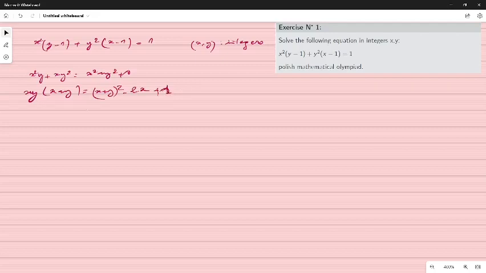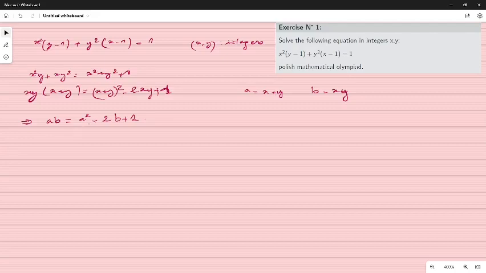And then we put a equals x plus y and b equals xy. So our equation is transformed into the following: ab equals a squared minus 2b plus 1.